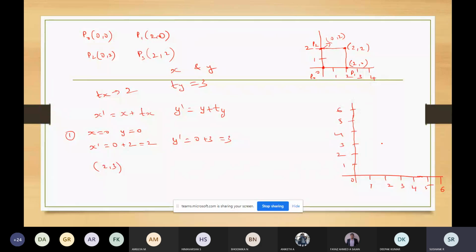So this is the point, my new P dash of 0, which is 2 comma 3.